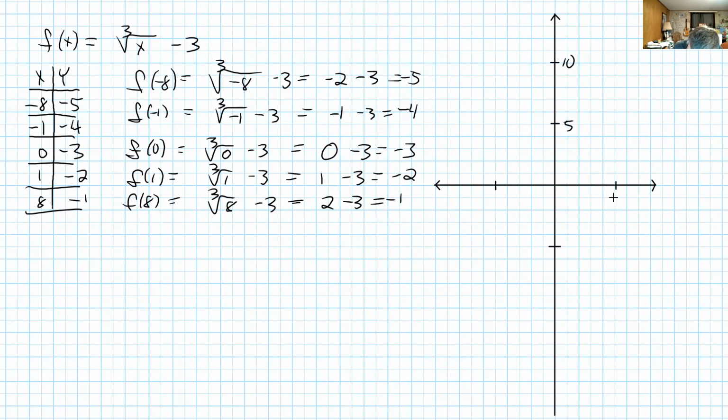Okay, so let's label the scale here. Negative 8, negative 5 is right there. Negative 1, negative 4 is there. 0, negative 3 is there. 1, negative 2, and 8, negative 1. And so I get a graph that looks like this.